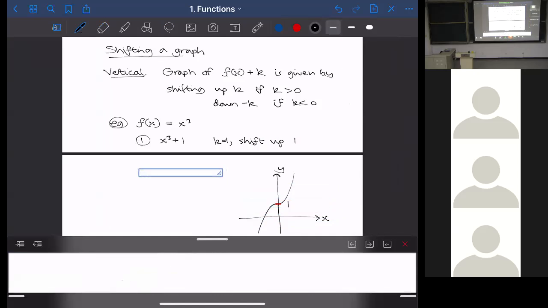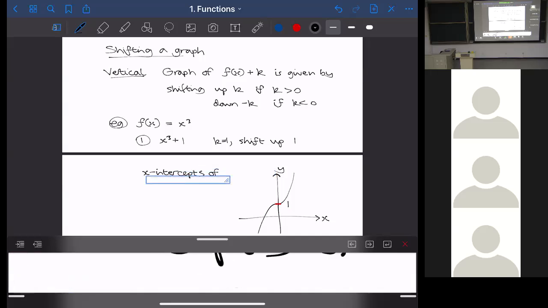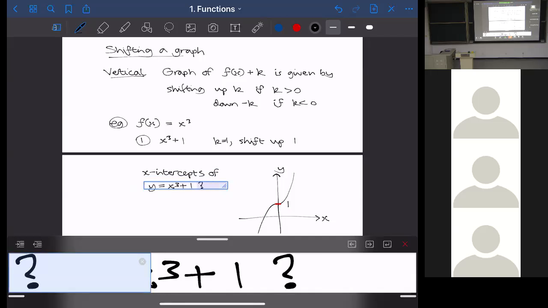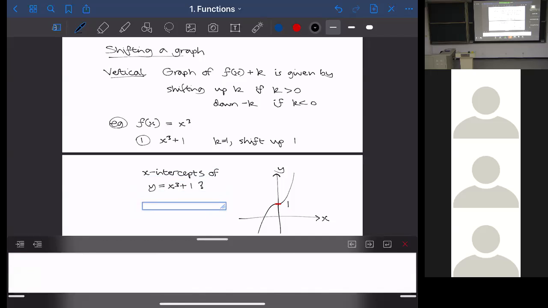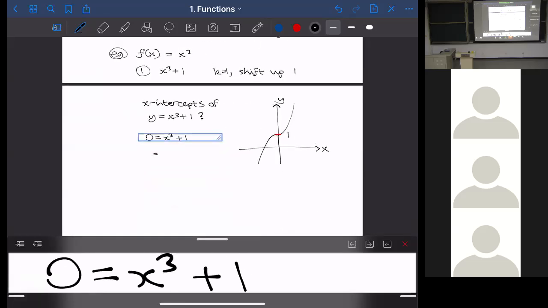Okay, so what are the x-intercepts? Well, we set y equals 0. So we get this equation, 0 equals x cubed plus 1.